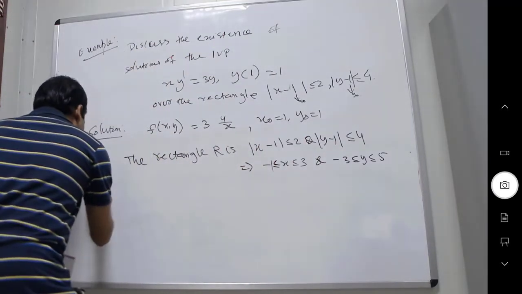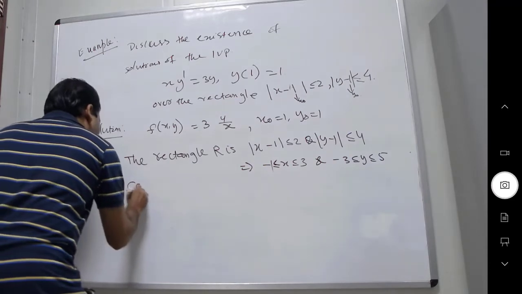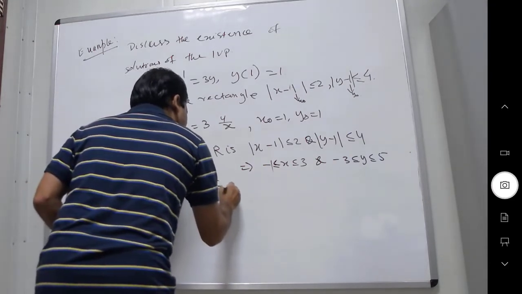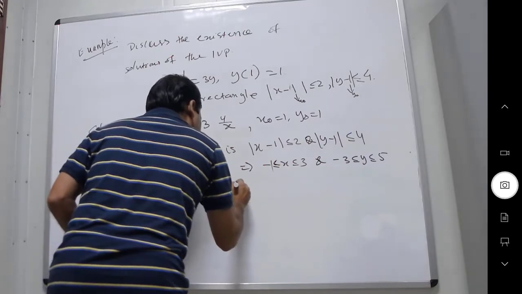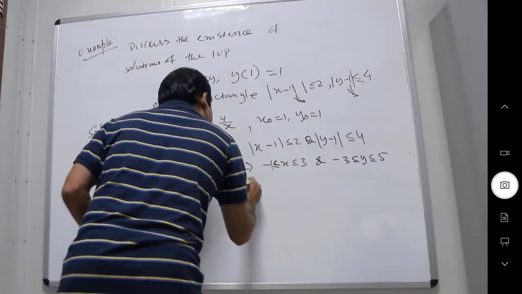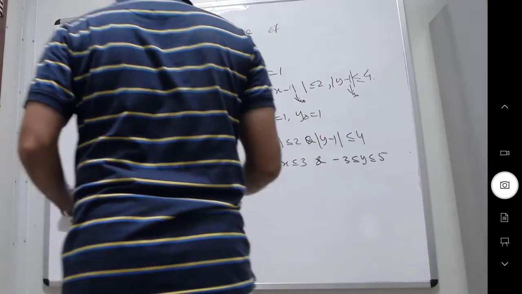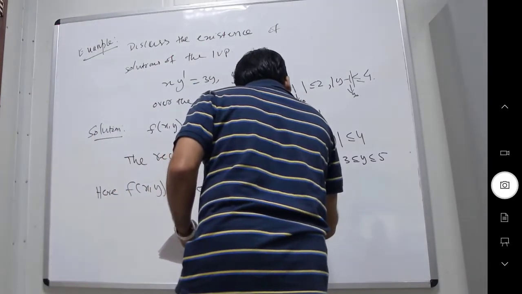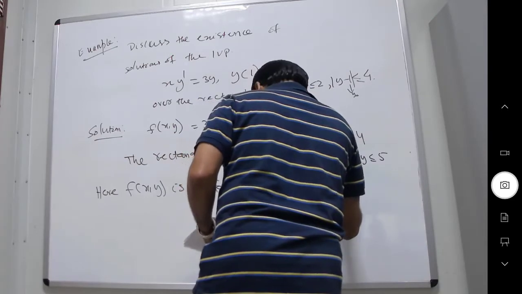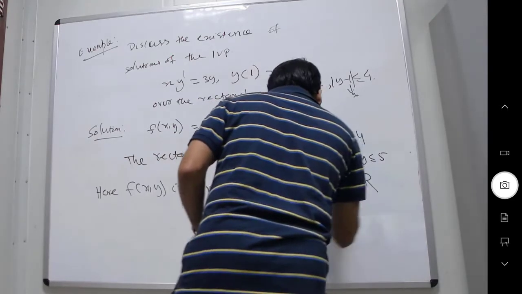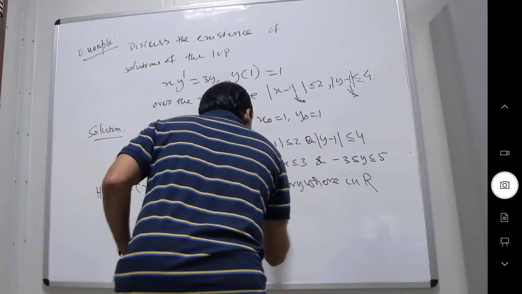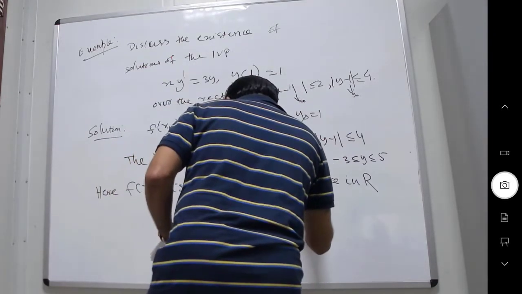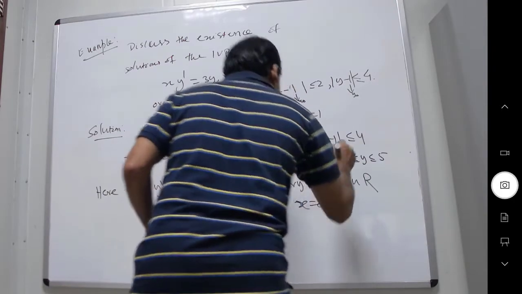So here f of x comma y is continuous everywhere in R except, because R contains the origin, except x equal to 0.